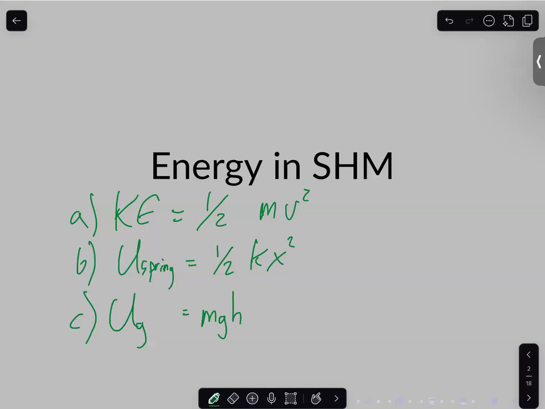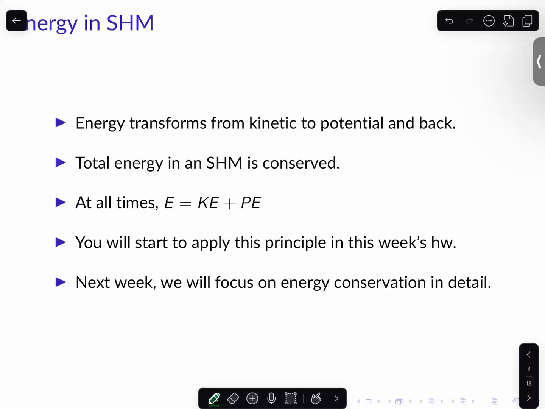Energy is, as we say in physics, conserved if you've got an isolated system. Energy transforms from kinetic to potential and back, with either a spring or gravitational potential oscillations.